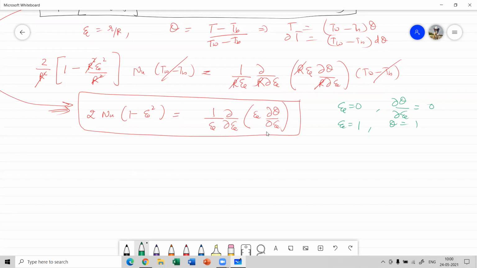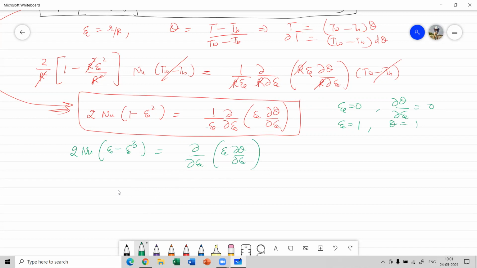Let's try to solve this expression. So you can take this zeta over here. So 2 Nusselt number into zeta minus zeta cube equals del by del zeta of zeta del theta by del zeta.